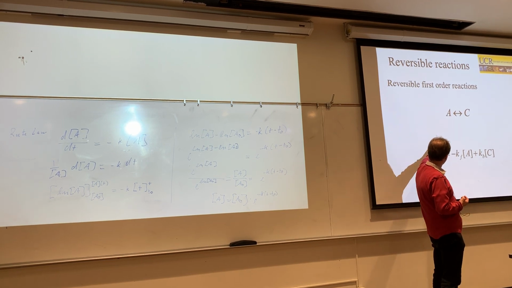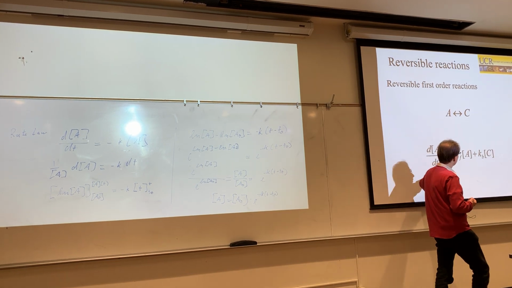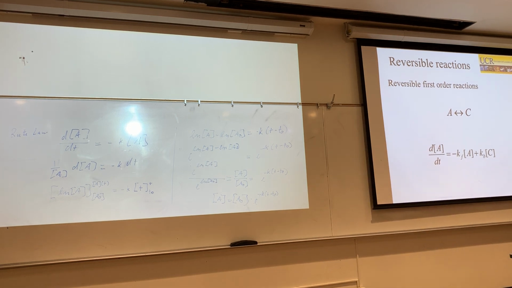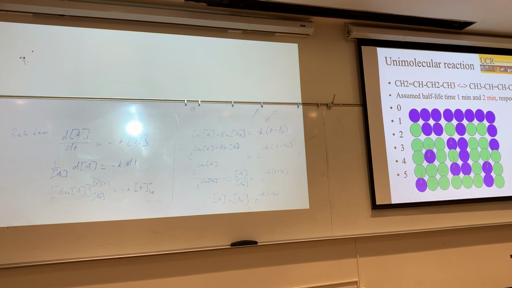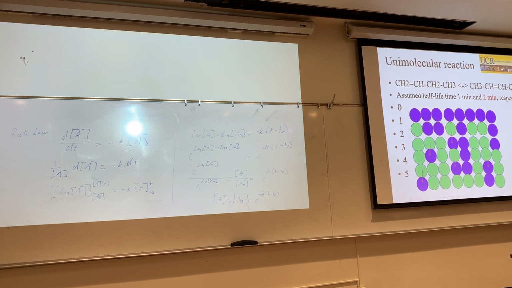I have the change of the concentration of A, which would be how A is decomposing to become B or C or whatever it is. But then as soon as I have some B or C, the green ones, they can also decompose themselves and can become back A, like where I put those red arrows in.